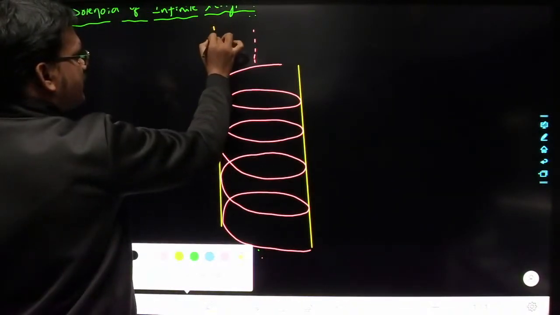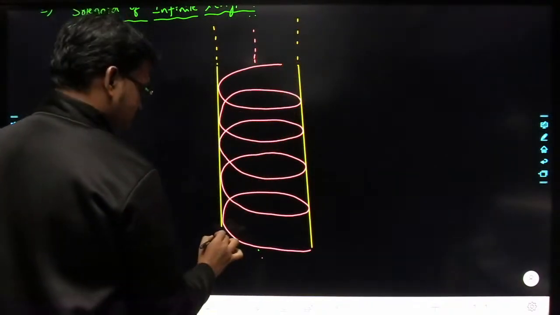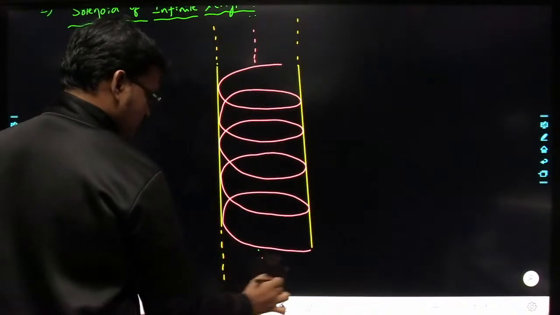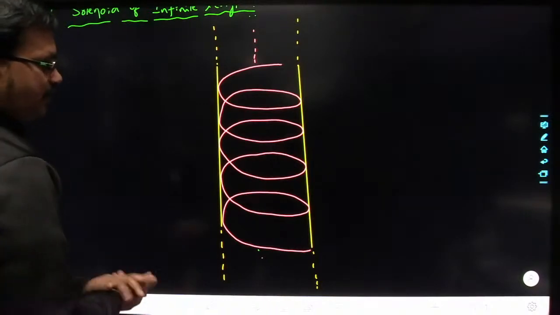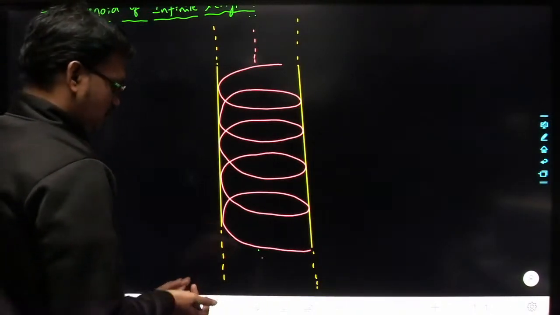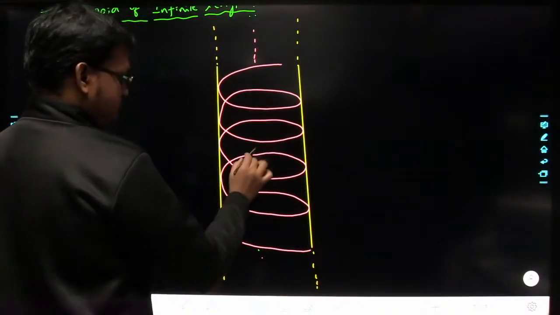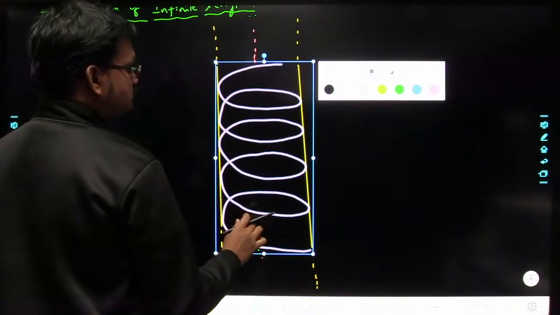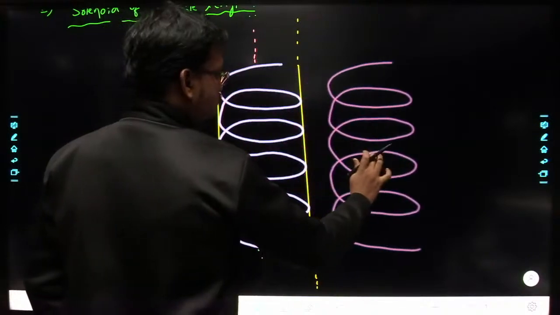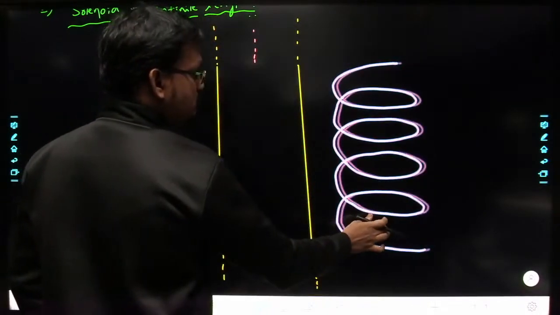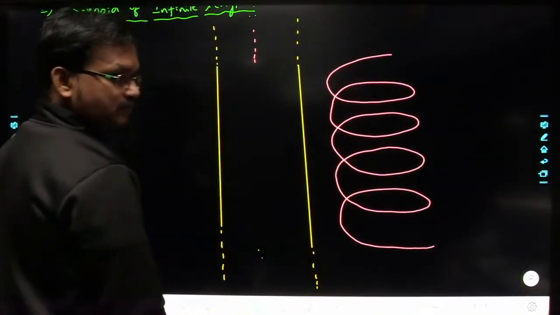It is extending in this direction up to infinity.